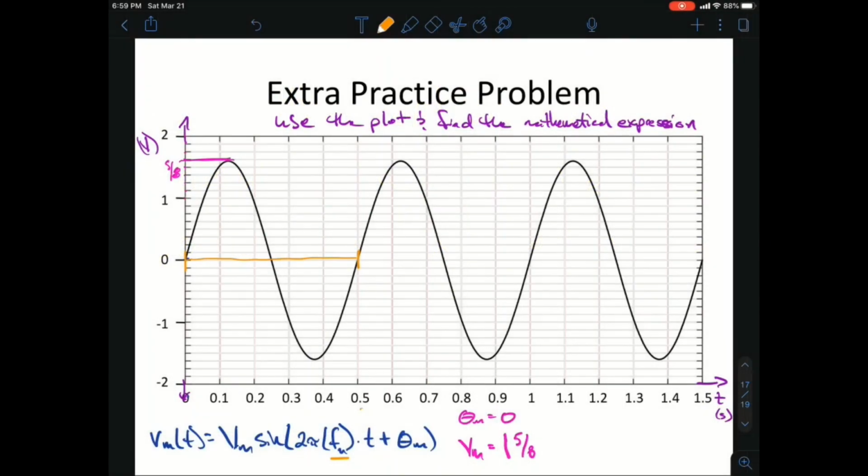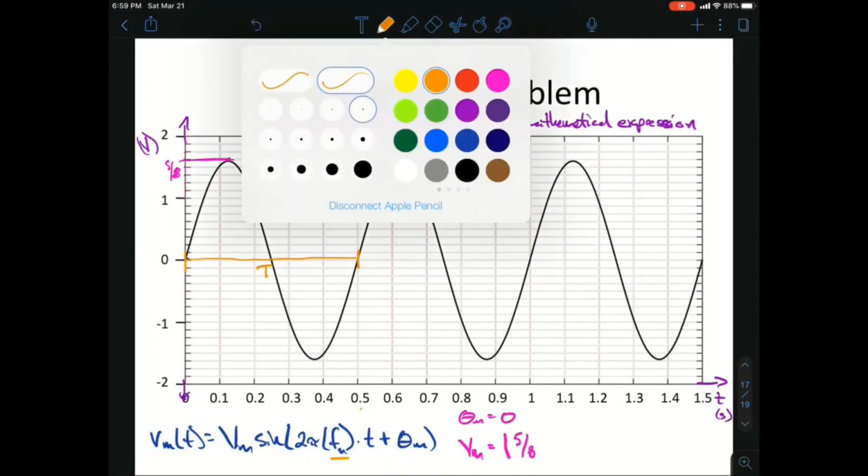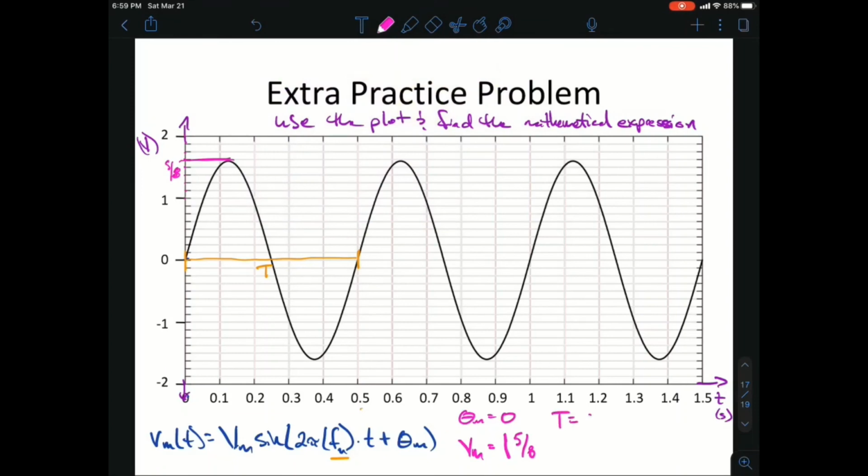That right there equals capital T. So T here equals 0.5 seconds. Now that we have that, we can say frequency equals 1 over capital T, which equals 1 over 0.5 seconds, which equals 2 hertz.